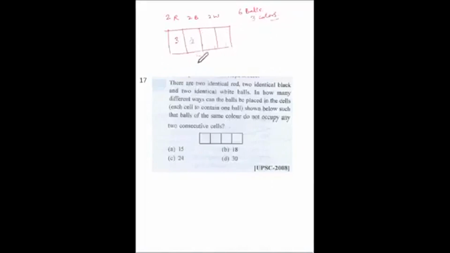Then the color which we have used here, we have again 2 choices. Then again here 2 choices. Because balls are available to us. Once we have put red here, we have one more red ball which can be put here or here, but not here. So these will be the number of choices. So total will be 3 into 2 into 2 into 2, that is 24.